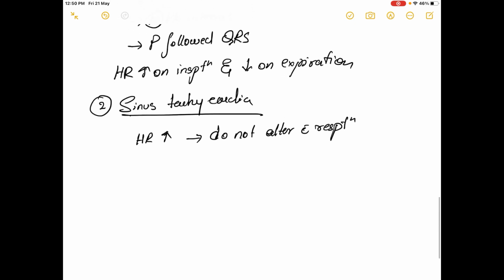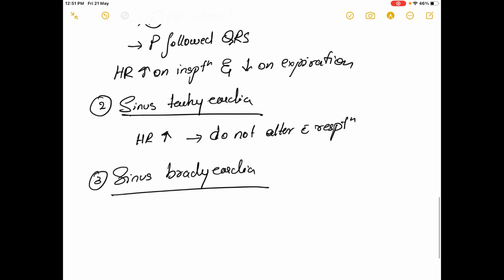Then coming to sinus bradycardia. Here the heart rate is less. Again, it does not alter with respiration as seen in sinus arrhythmia.